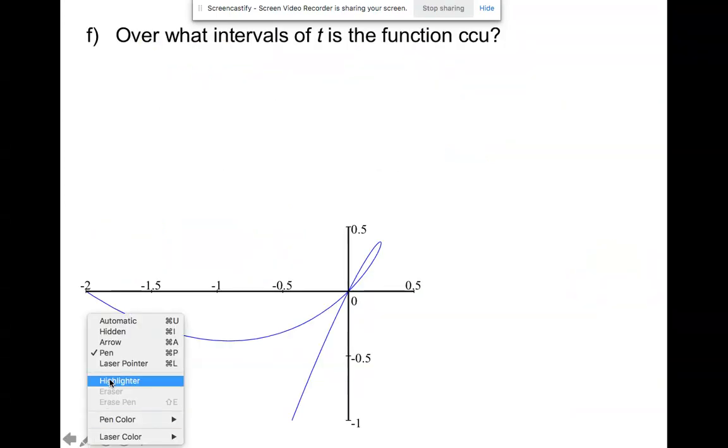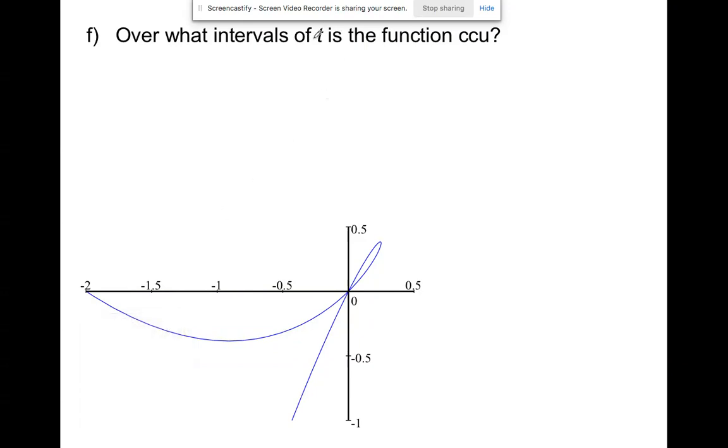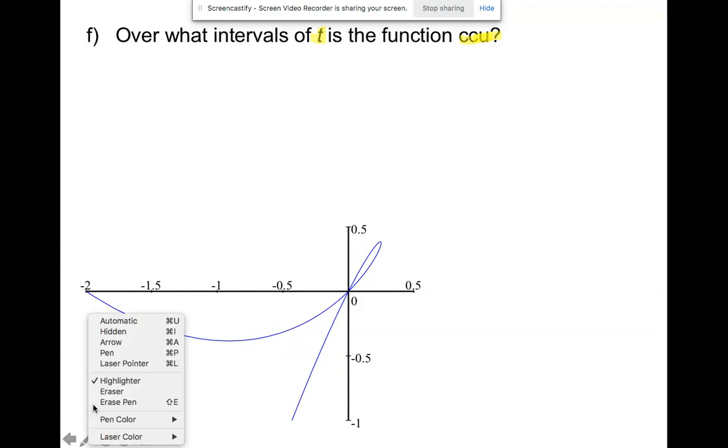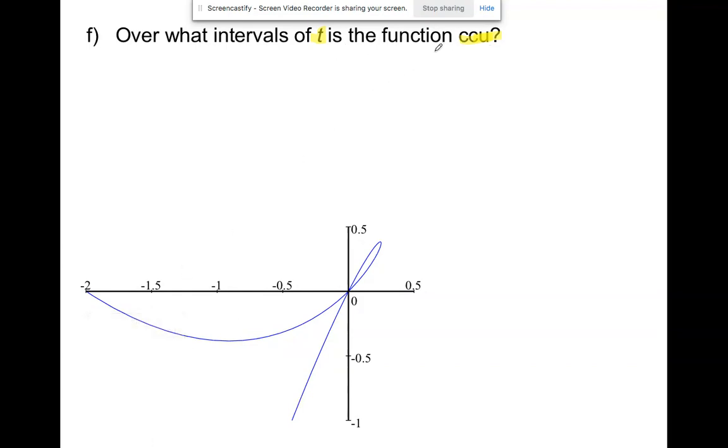All right, over which intervals of t is the function concave up? Strategy: concave up, second derivative positive, but I only need intervals of t.